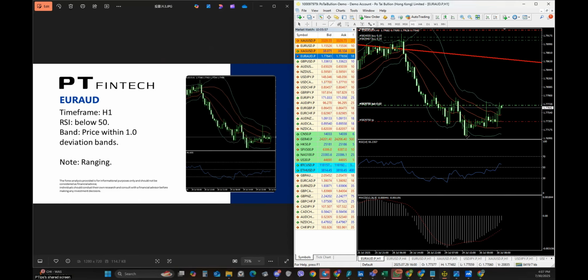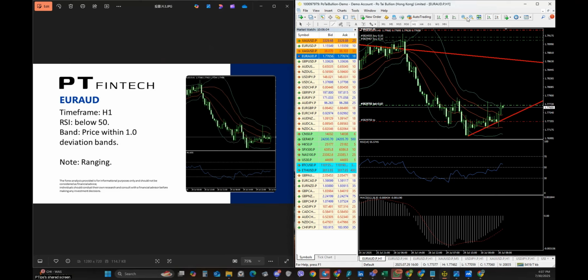What you want to do is set up your trend line based on H1. Most likely, we would want to trade within these trend line ranges. Based on H1, there's nothing more to say.